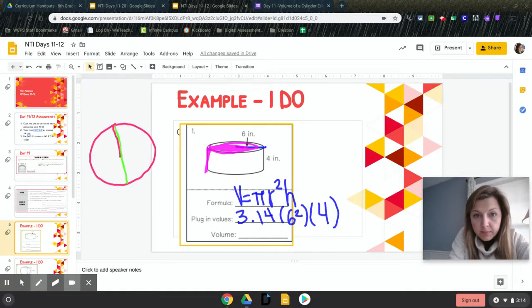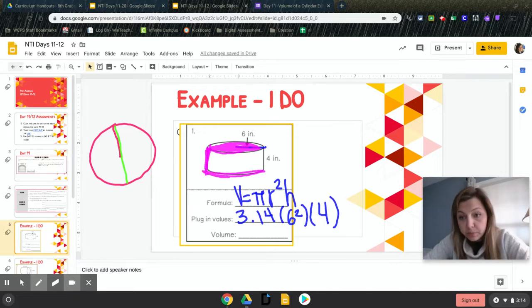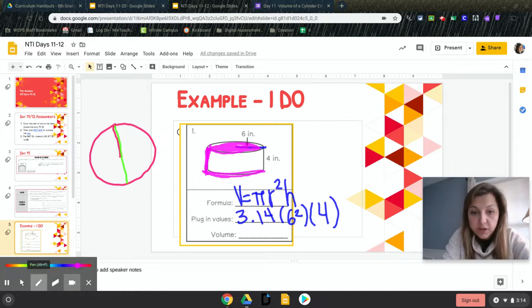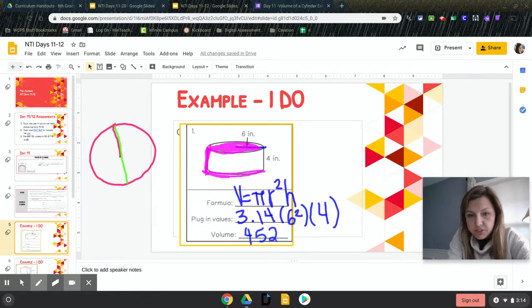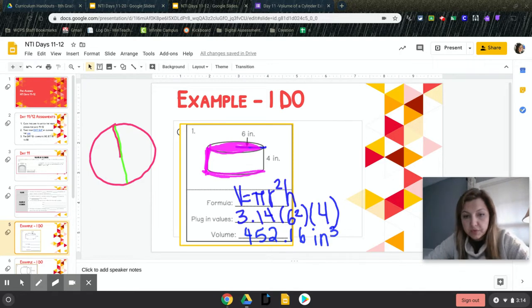So here's one base, and here's the other base. So it's always going to be the distance between the two bases. So in your calculator, you would do 3.14 times 6 squared times 4, and you should get 452.16. And we always do volume in cubed, so inches cubed.